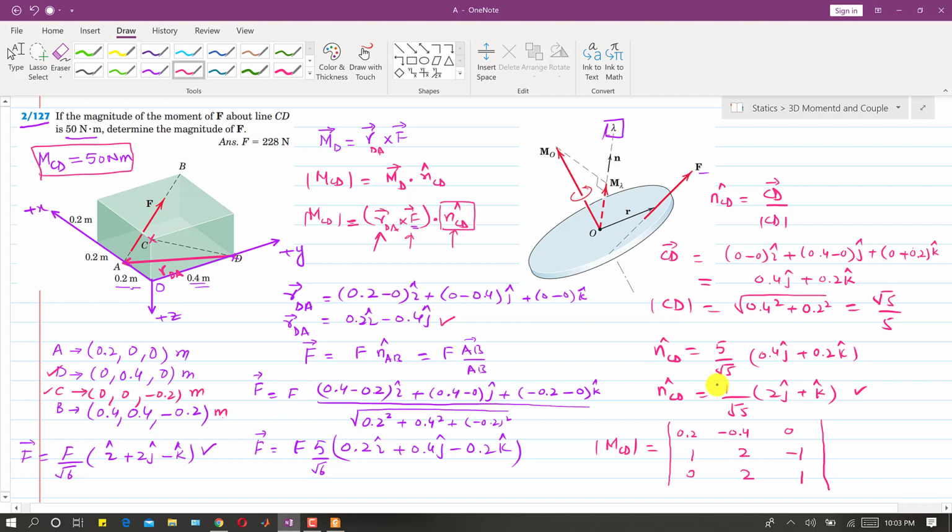And what we will do with these factors, 1 by root 5 and this F divided by root 6? We can multiply both of these.